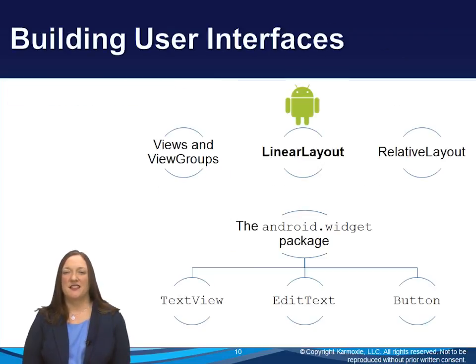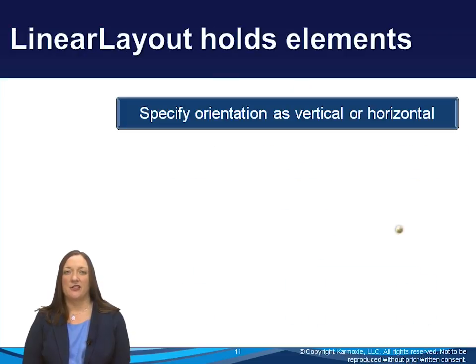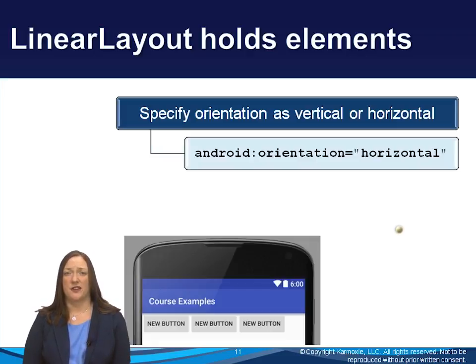So let's take a look at some of the specifics in working with the layout managers. And first, we're going to take a look at linear layout. With linear layout, we are going to specify that we either want to work with a vertical or a horizontal positioning. So we're going to position items inside of linear layout, and they're just going to stack vertically or align themselves horizontally.